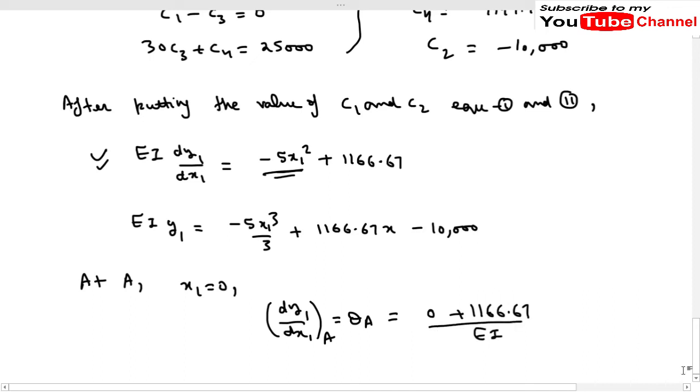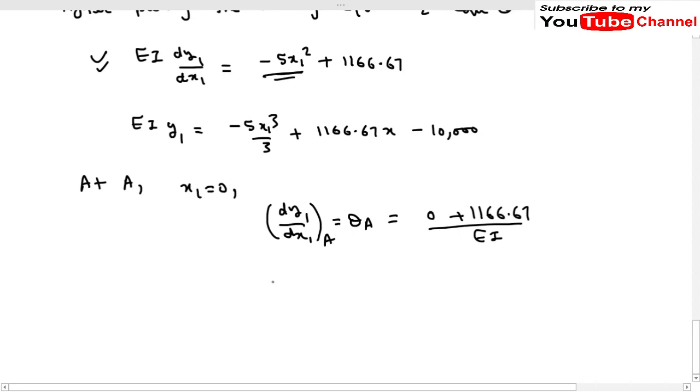Now ultimately you can write theta A will be equal to 1166.67 divided by EI. Now we have got the value of slope.